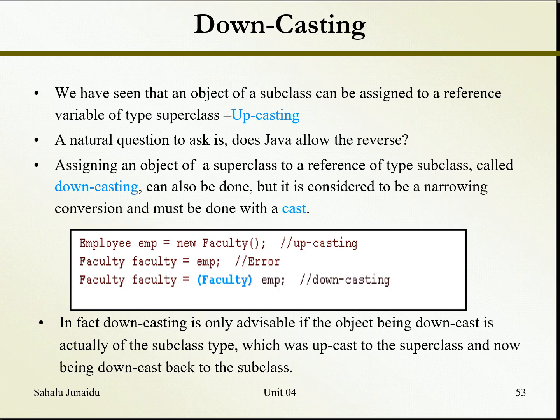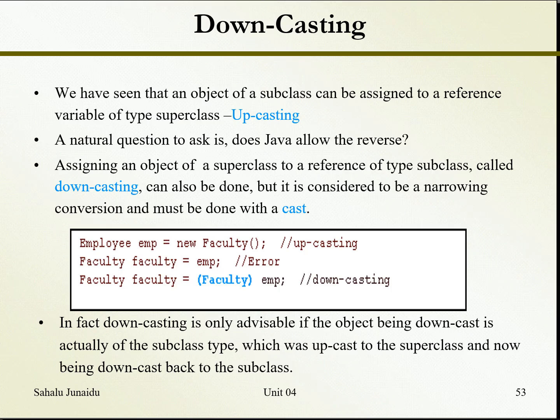But then we still want to reverse it back in order to access a particular method of the subclass. So in fact, downcasting is only advisable if the object being downcast is actually of the subclass type. So we have to make sure it is of the subclass type. If it is not, then again, this will lead to an error.